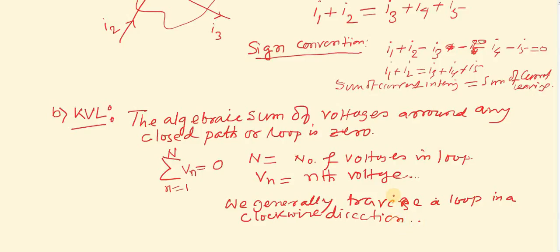From a starting point, which may be a node of an element, while traversing in the clockwise direction, if we encounter a negative sign, we will write it as negative, and if we encounter a positive sign, we will write a positive symbol.